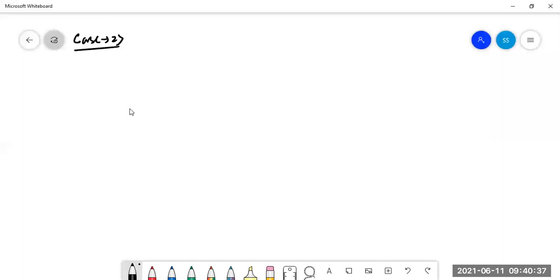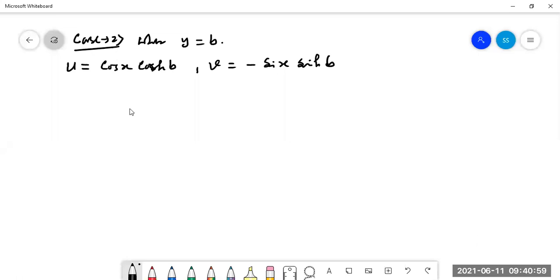Case 2, when y equal to some constant b, then u equal to cos x cos hyperbolic b, and v equal to minus sin x sin hyperbolic b.